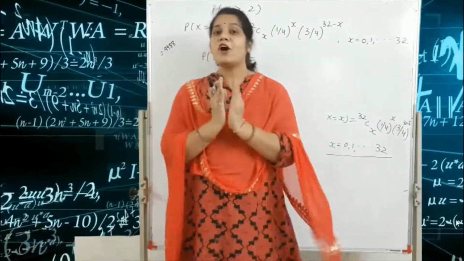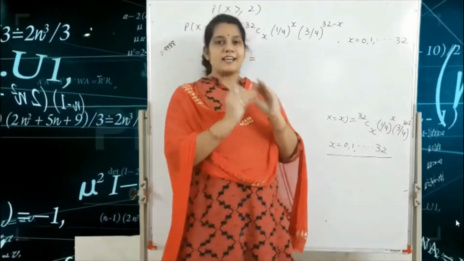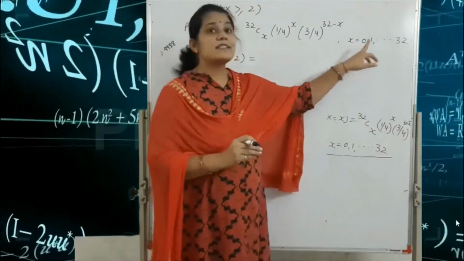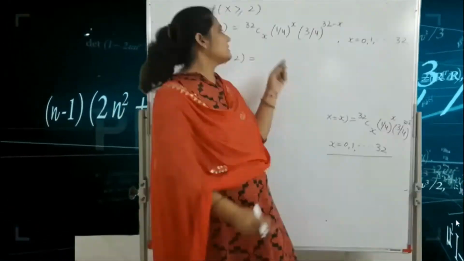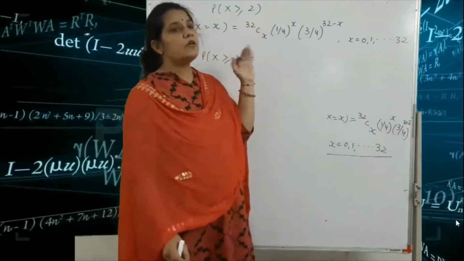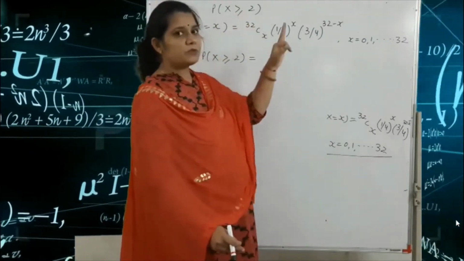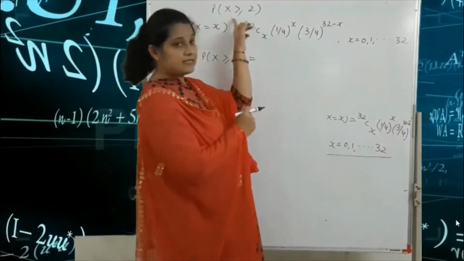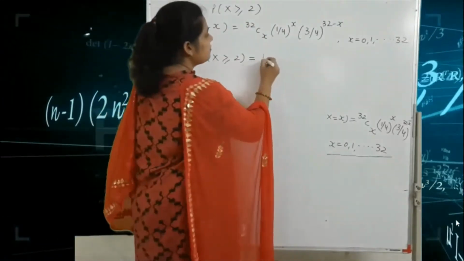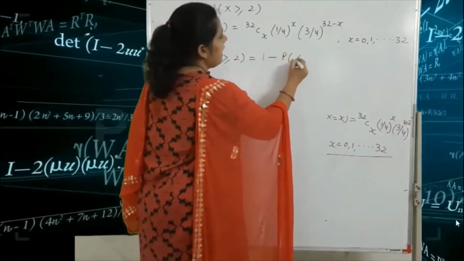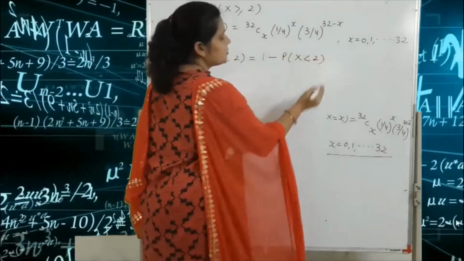But we already know that our starting number is 0 to 32. For P(X ≥ 2), x runs from 2 to 32. So we write 1 minus P(X < 2).